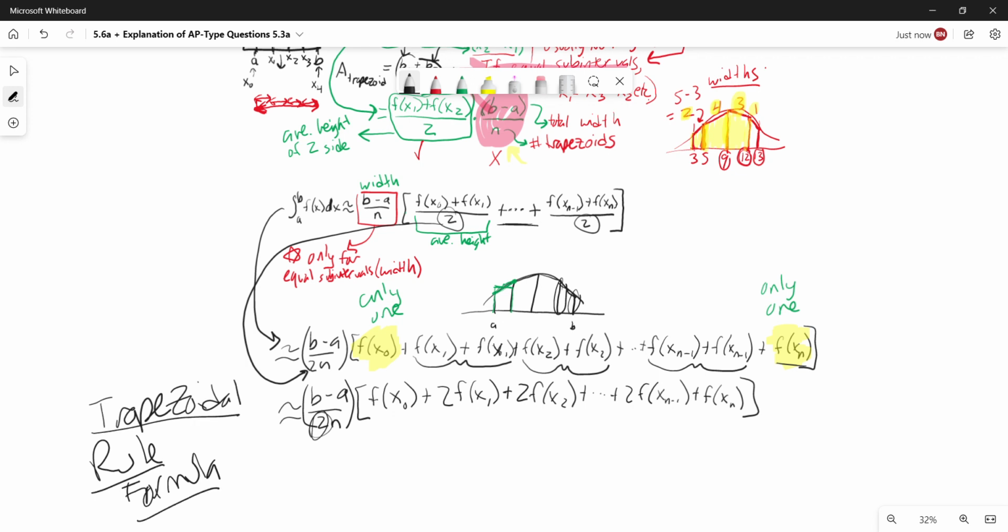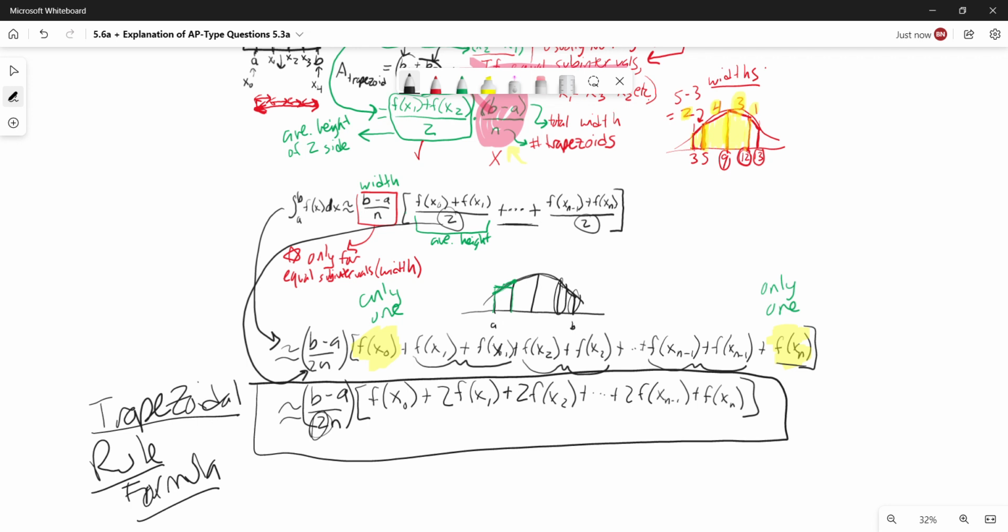Okay, all right, so that's this thing right here. That's what's on the top of 348, but you never have to use it, and it's only applicable for equal subintervals.